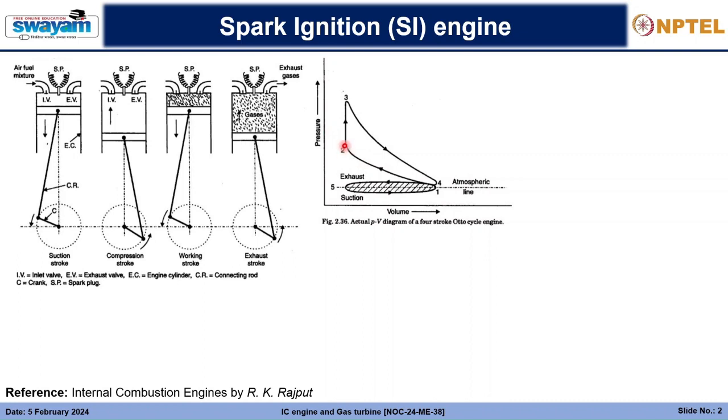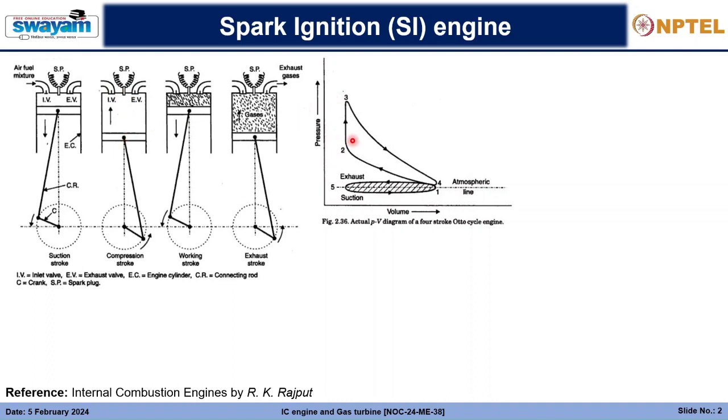Then at point 2, very near to point 2, because these points are not sharp, you do not have a point of discontinuity here. When it is just approaching the top dead center, the spark is produced by the spark plug, and accordingly an explosion occurs, a very controlled explosion, and the volume expands here. But since the volume is restricted by the piston, it in turn exerts a force.